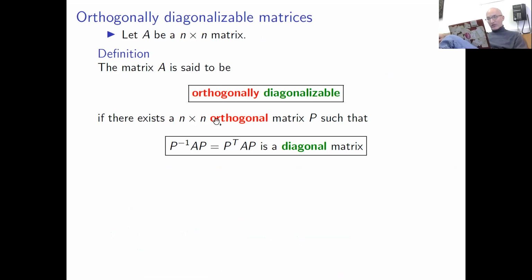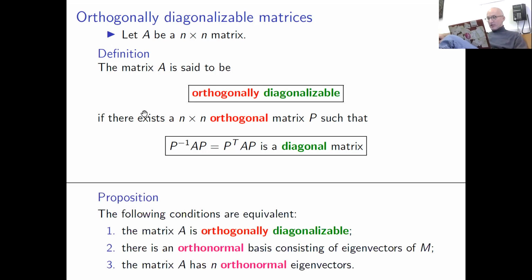If we remove this word orthogonal, then this is the definition of diagonalizable matrices. This is a more restrictive condition, a stronger restriction on the matrix A. And it will be clear why in a second, but first, let me state that the following conditions are equivalent.